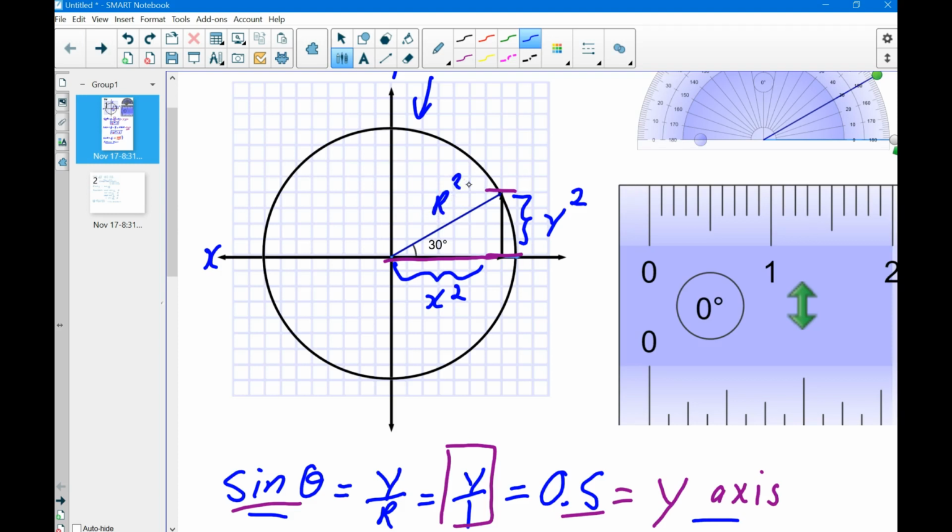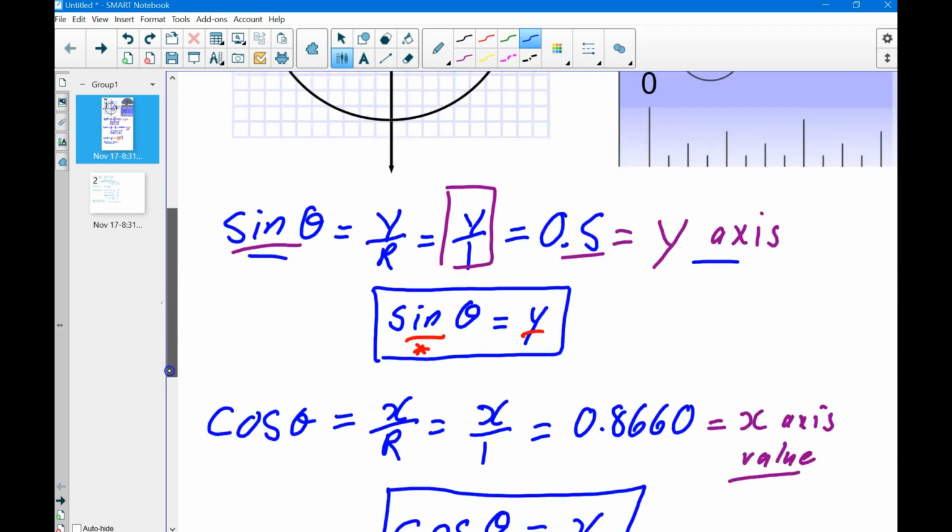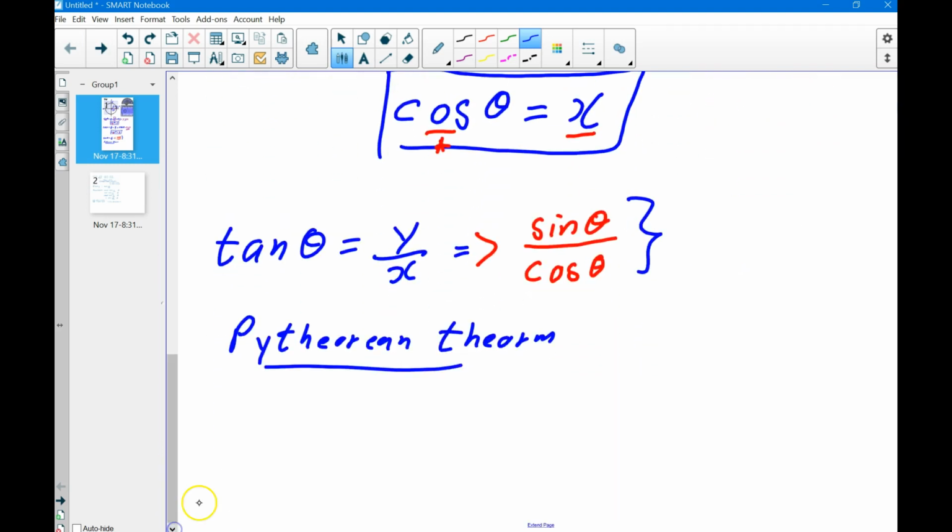So according to our little picture that we have drawn over here, Pythagorean says that y squared plus x squared equals r squared, the radius squared.